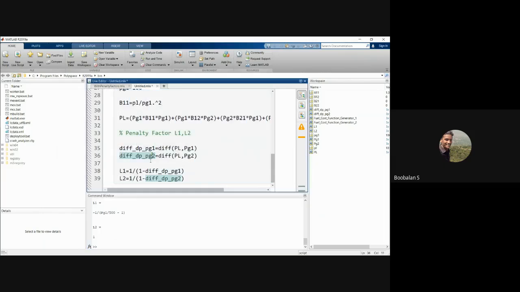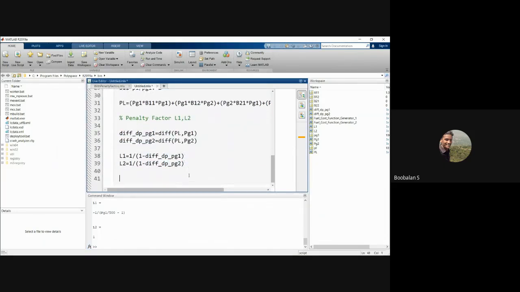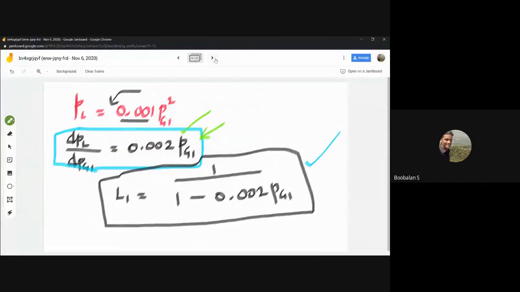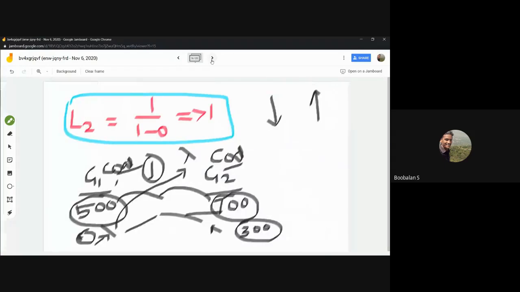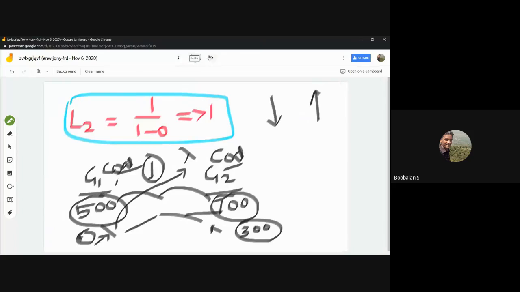Now finally it's time to calculate the economic dispatch function, right? So the final economic dispatch operation. For this, what we do is substitute into the bigger equation, right?